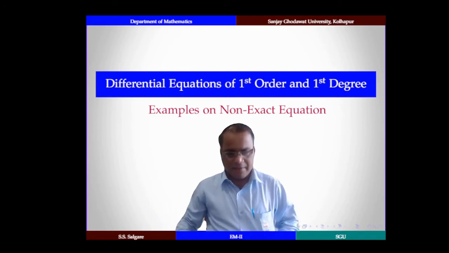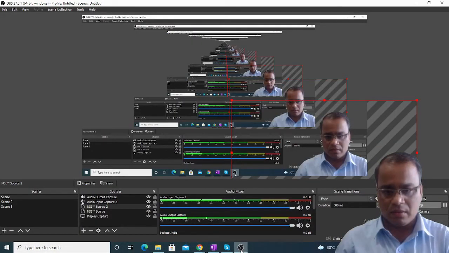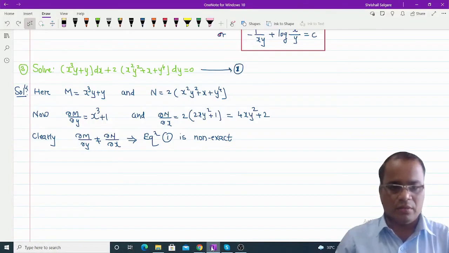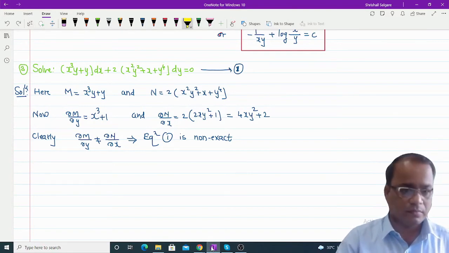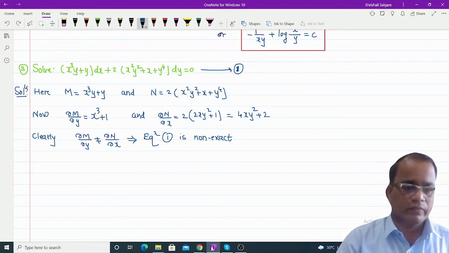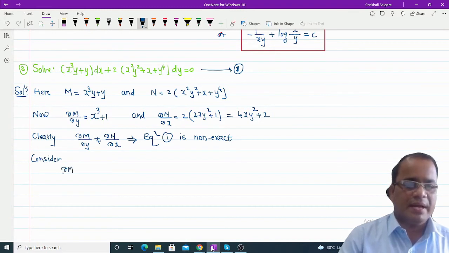So here I will take, suppose, the subtraction: consider partial m by partial y minus partial n by partial x. By trial and error method I am taking direct subtraction.